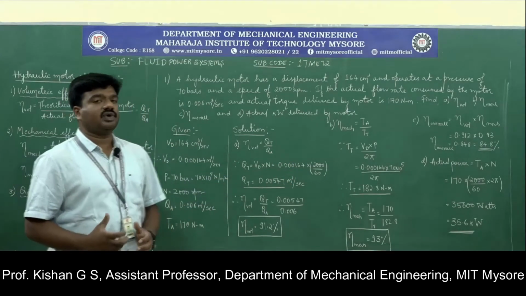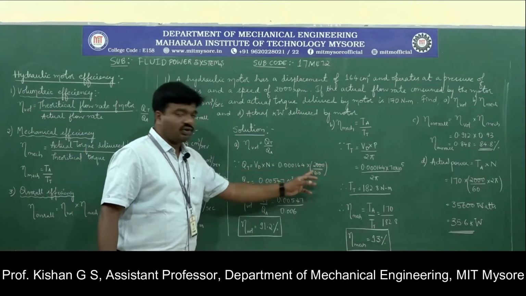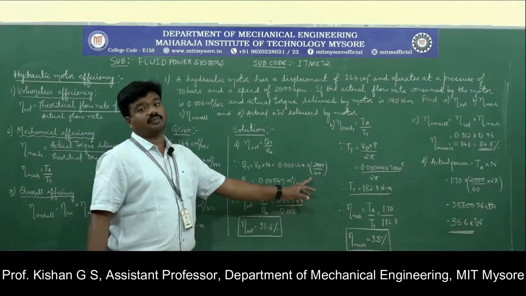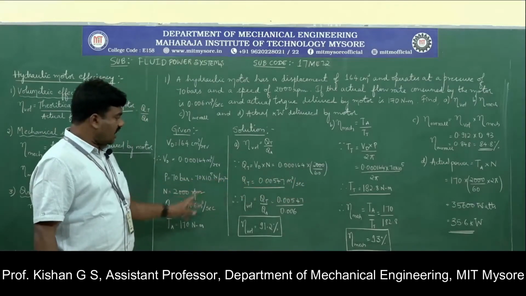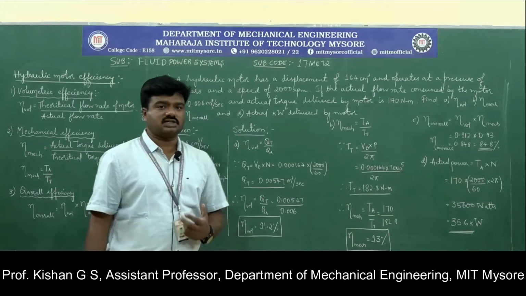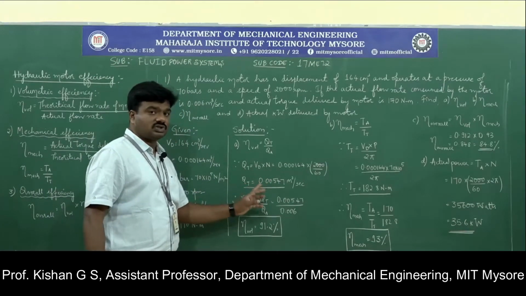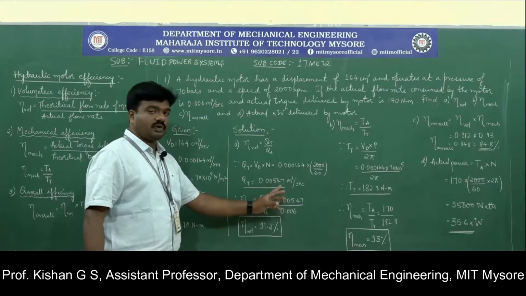The standard unit for flow rate is m³ per second, hence the RPM is converted into RPS: 2000 RPM divided by 60 gives the value in revolutions per second. Hence the value of QT becomes 0.00547 m³ per second.